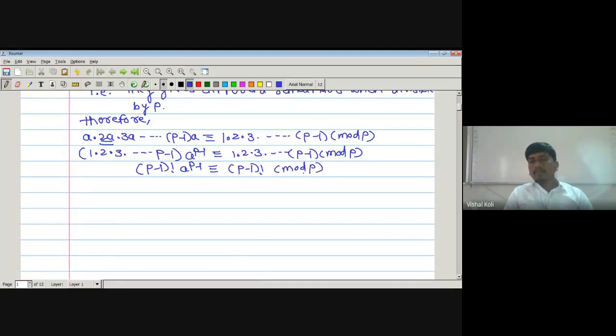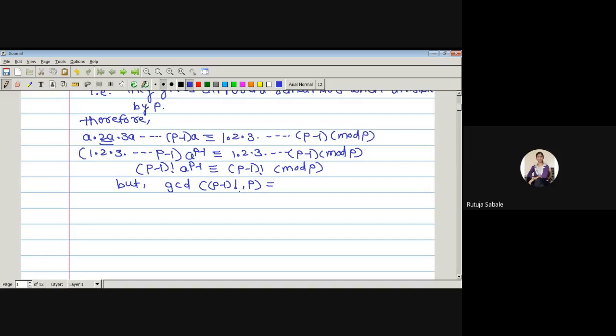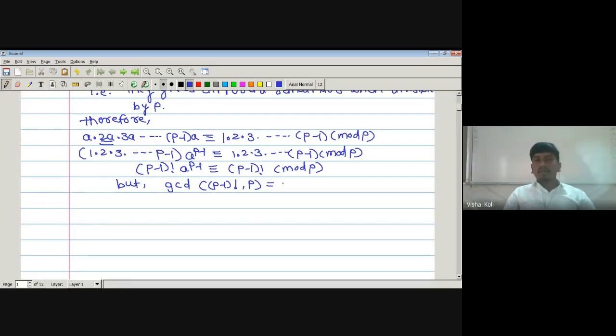Okay. Now, what is the GCD of p minus 1 factorial and p? Is it possible that the GCD of p minus 1 factorial and p will be a multiple of p or a multiple of p minus 1? No sir. Then what will be its GCD? 1.